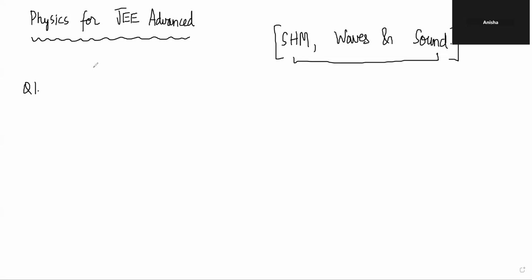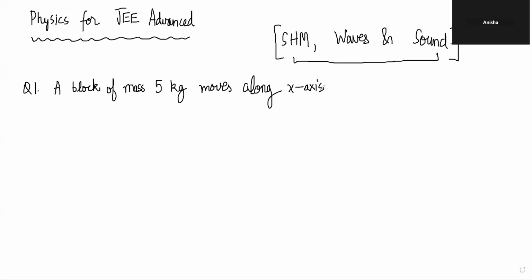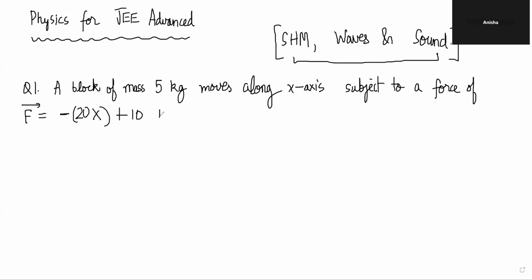A block of mass 5 kg moves along the x-axis subject to a force of F is equal to minus 20x plus 10.